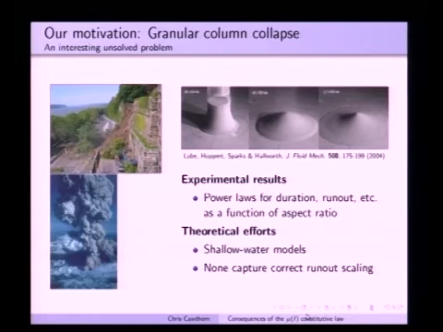And in terms of the geophysical hazard, what you care about is how far this material is going to spread as a function of the initial geometry. Now, there's been a wealth of experimental data in this area, and the only important parameter is the initial aspect ratio of the column.